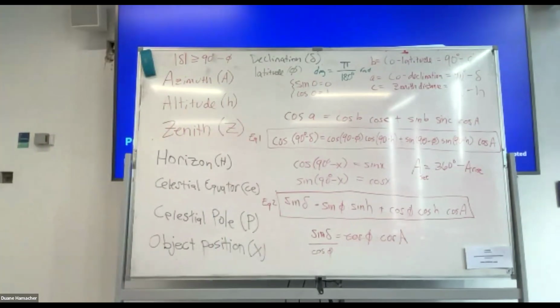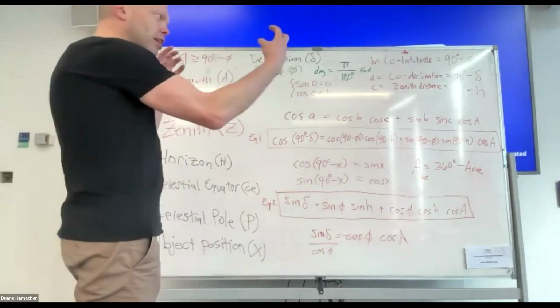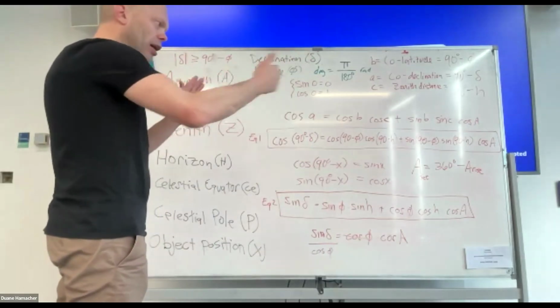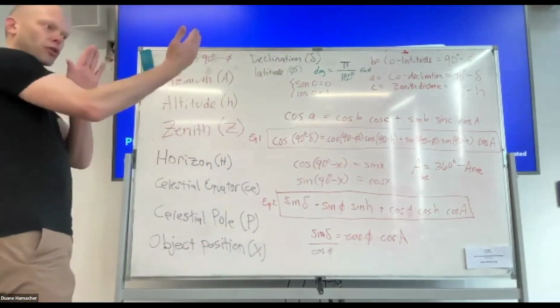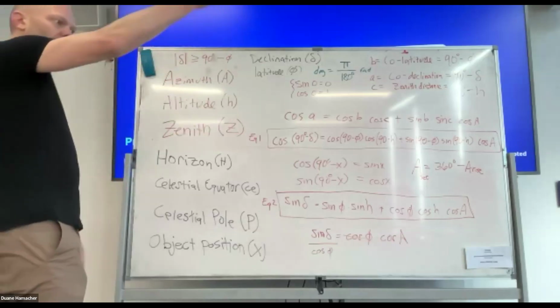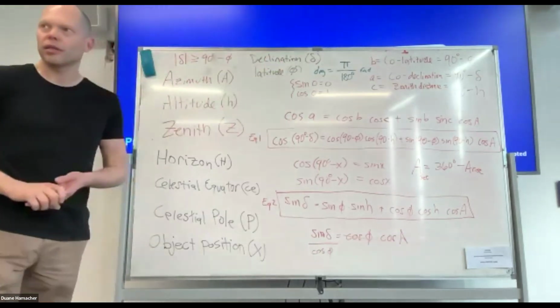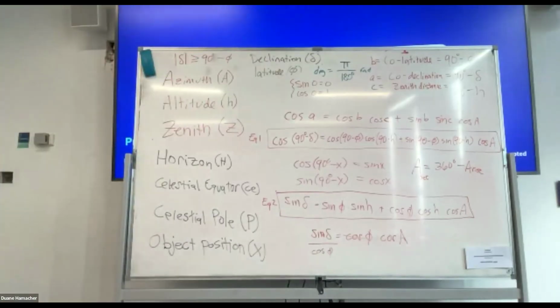There's a lot of different ways you could do it. What I think you should do is say declination, and then you put a delta, and then you put your latitude, phi. That'd be 1 or 2 columns, however you want to do it. And then the column after that, you need to have your input. What's your input going to be? You can start off by putting in values you would know.